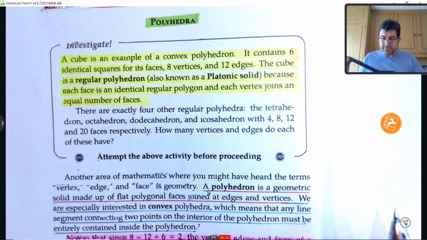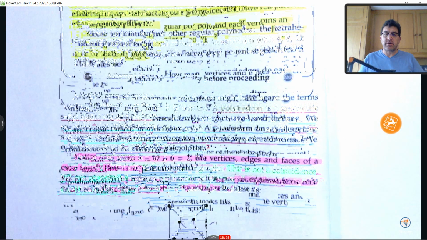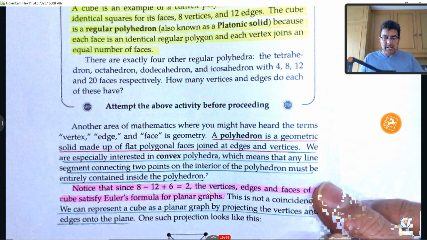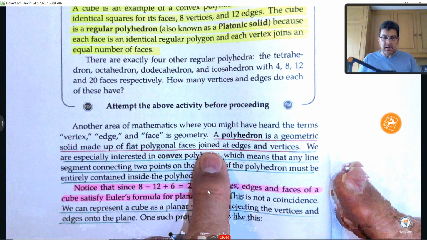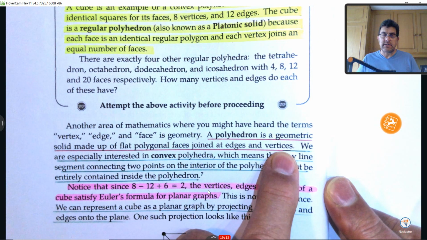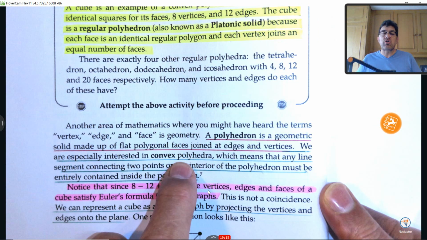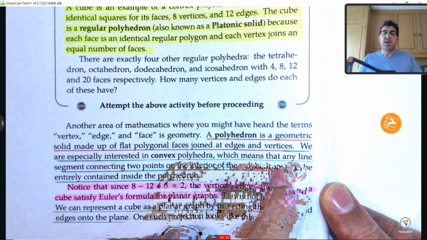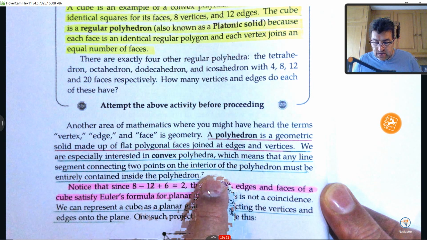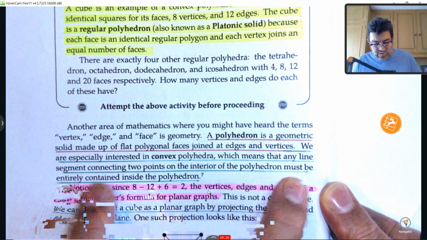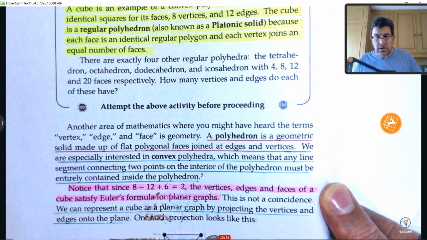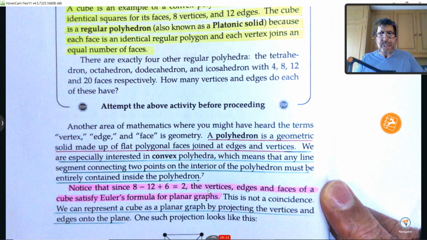Let's see more about a polyhedron. A polyhedron is a geometric solid made up of flat polygon faces joined at the edges and at their vertices. We are especially interested in convex polyhedra, which means that any line segment connecting 2 points in the polyhedron must be entirely contained inside the polyhedron. What do they mean?